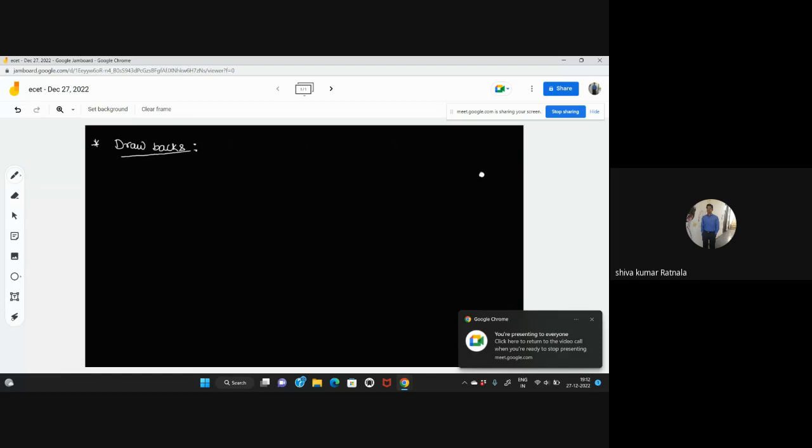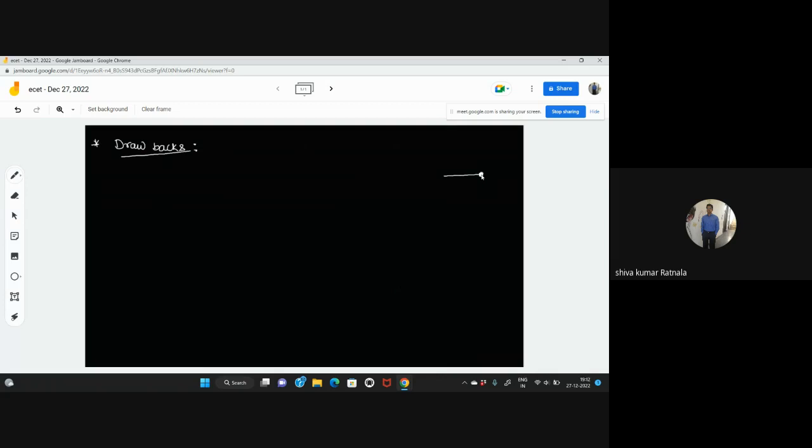The drawbacks are: this is the nucleus, right? He is saying that electrons revolve at a particular distance, like this. According to the classical law of physics, if any particle, for example an electron, is revolving around the nucleus at a particular distance r, it will continuously lose its energy and fall down to the nucleus.